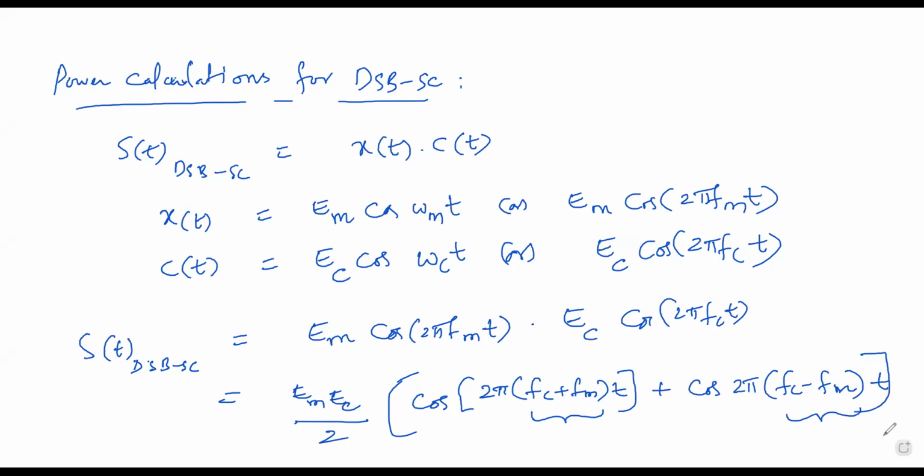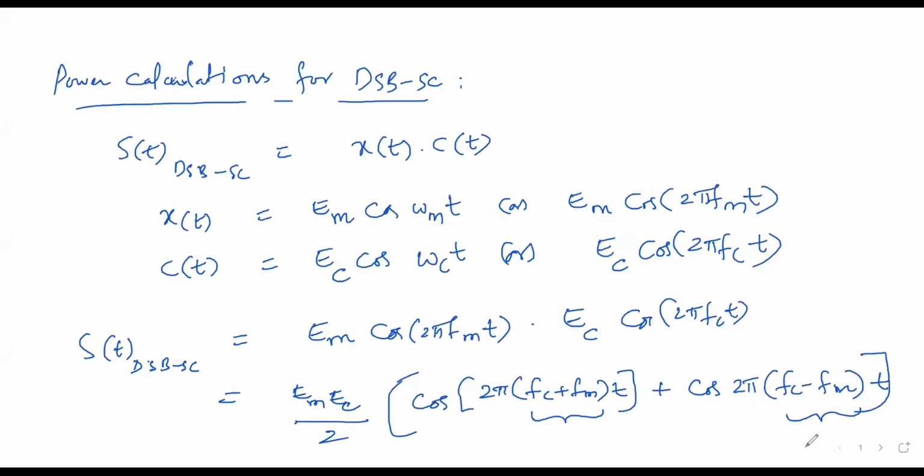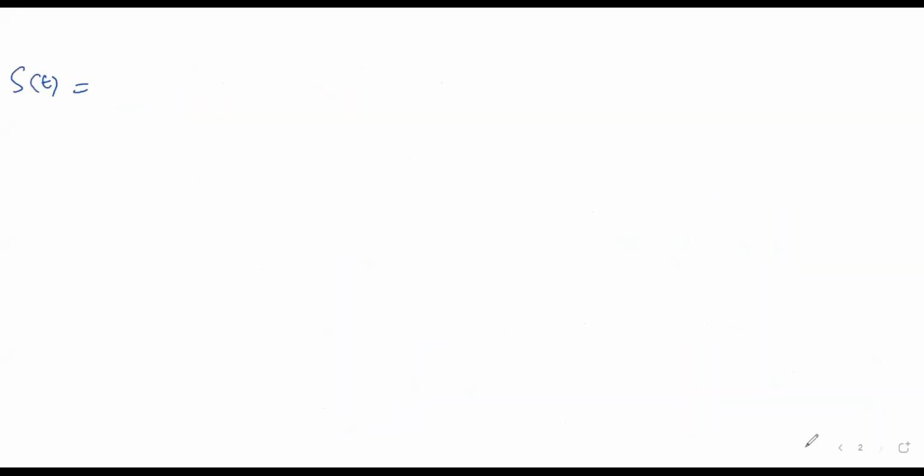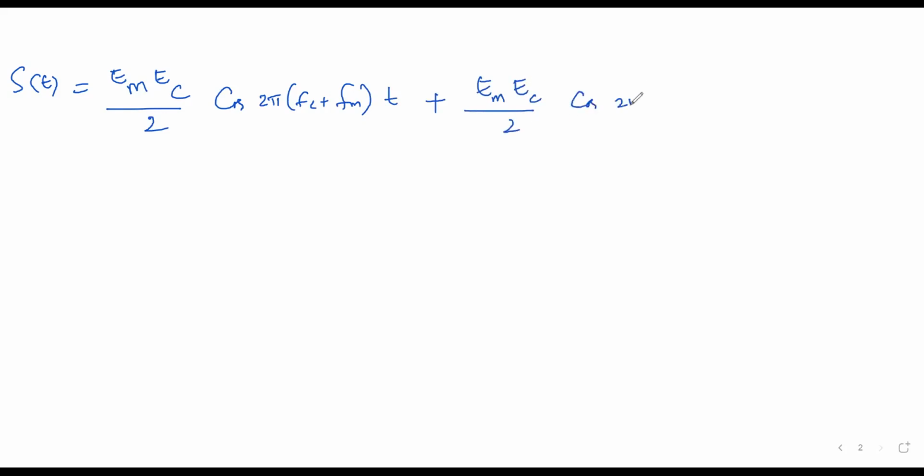So now expanding the braces, we will get S of t is equal to Em Ec by 2 multiplied by cos 2 pi into Fc plus Fm into t plus Em Ec by 2 cos 2 pi into Fc minus Fm into t.